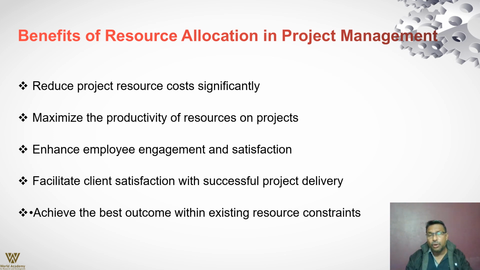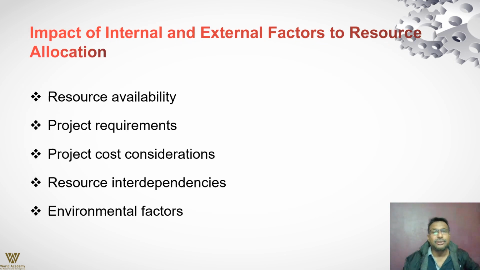Once it reduces cost, it automatically improves the productivity of the resources on the project, enhances employee engagement and satisfaction. We are talking about motivated employees, facilitating client satisfaction. The cost goes down, profitability increases, productivity improves, employees are happy, so automatically the outcome will be a good one. If the outcome is good, your client is satisfied, achieving the best outcome from the existing resources.